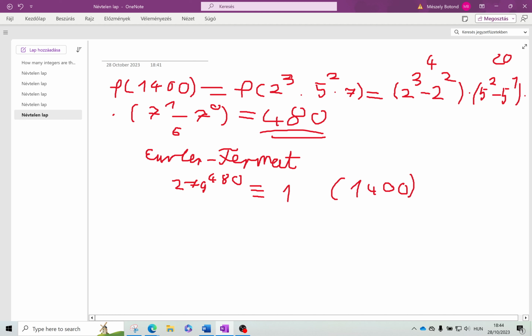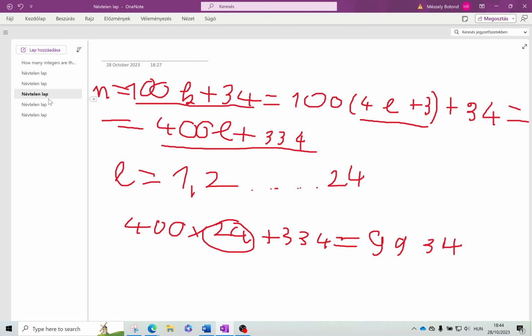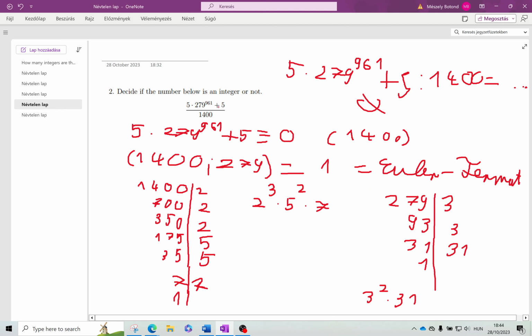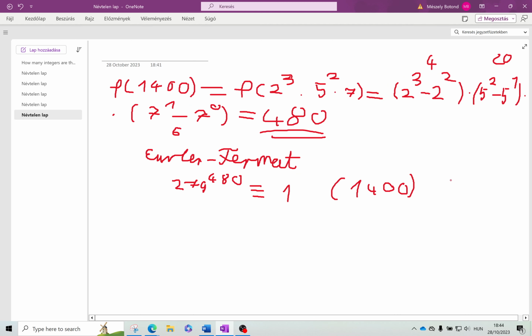So why is it good for us? It's very far away from this number, or even this. But we can use this to get to the original equation.